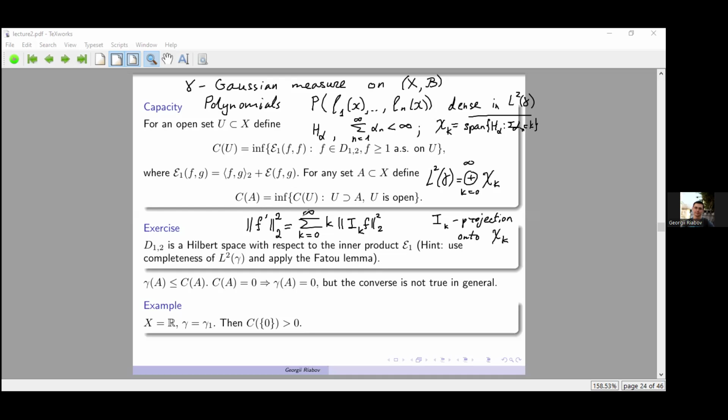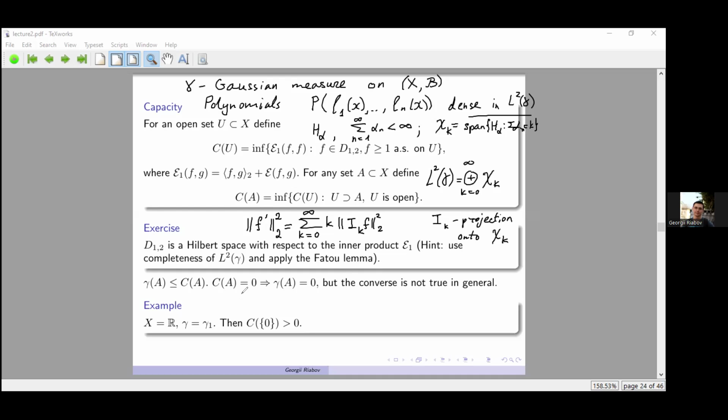And this equality allows us to generalize the notion of continuously differentiable function on the abstract Banach space in the following way.